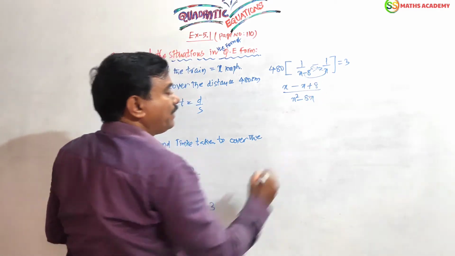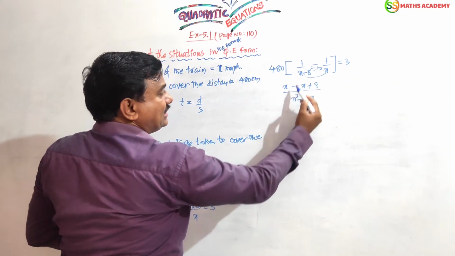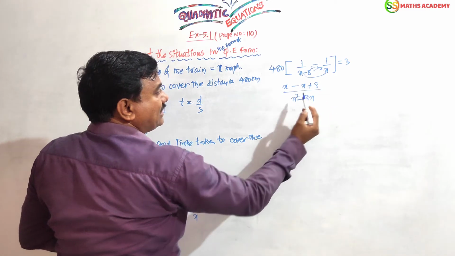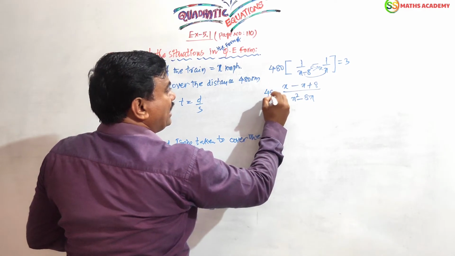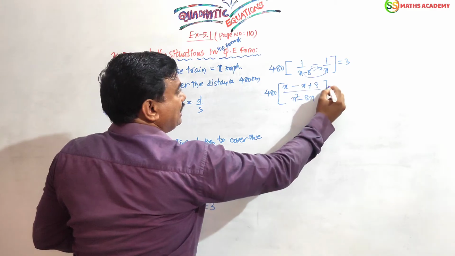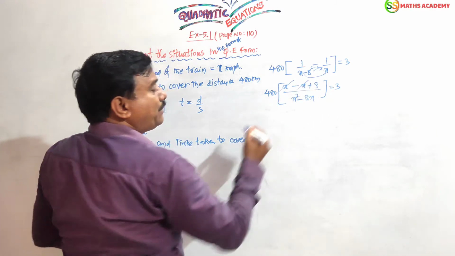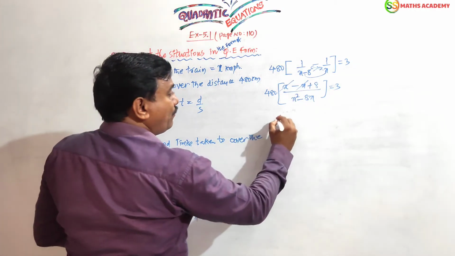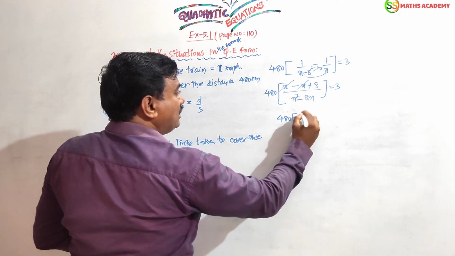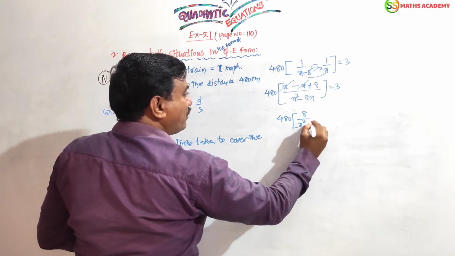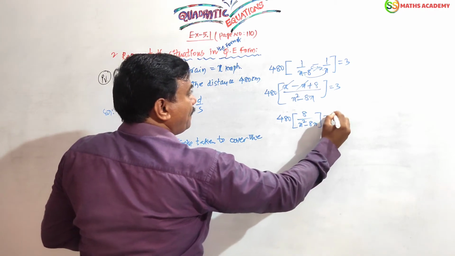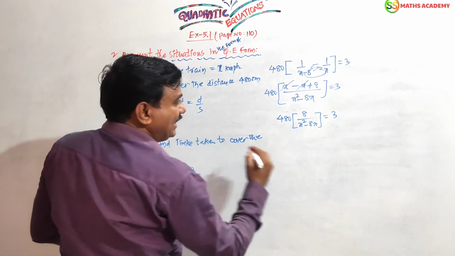Now the denominators will also be multiplied. You should get x square minus 8x: x into x is x square, x into minus 8x. Here 480 will be as it is, 3 is also as it is, and plus x minus x, 8 gets cancelled. Now inside the 480 the value will be 8 by x square minus 8x, equal to 3. Clear.